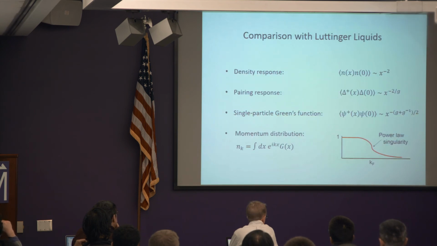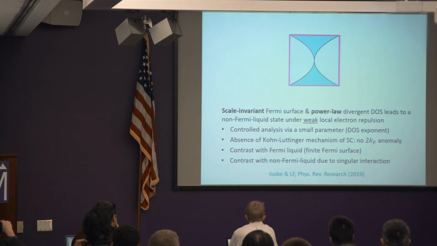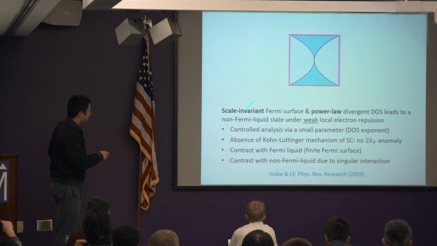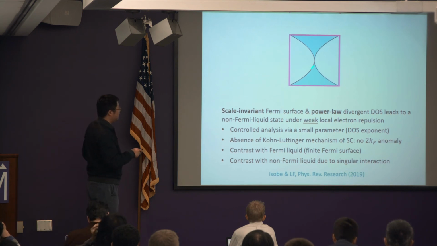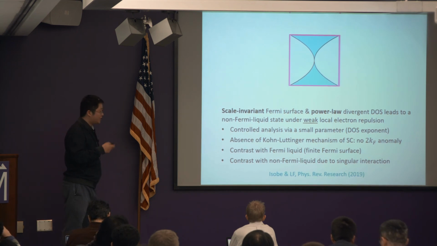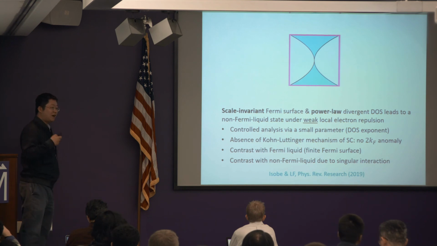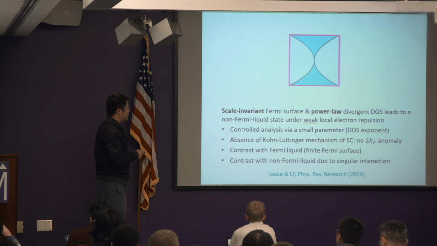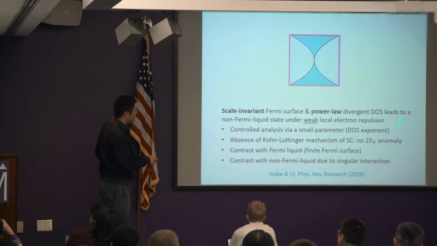Let me just come to the end. To summarize the second part of this talk, I've described a situation where we start with a non-interacting supermetal with a power law divergent density of states. We add interactions. The system actually flows into a non-Fermi liquid. And this is a controlled analysis involving a small parameter.